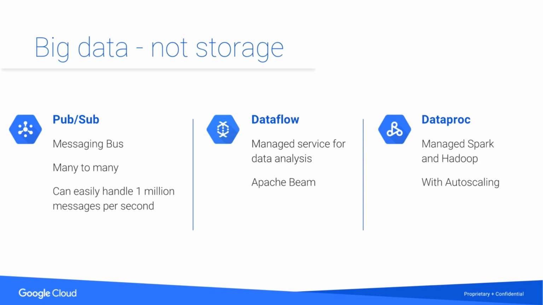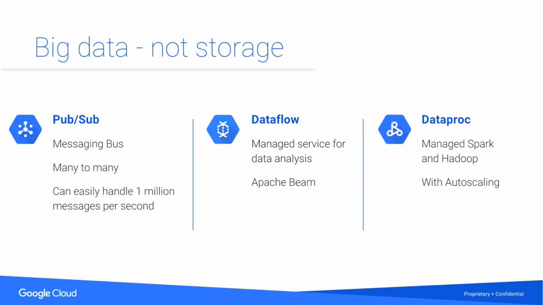Dataflow itself will actually manage those servers behind the scenes, manage the allocation of work, and parallelize that work across those machines. And this is based on Apache Beam. So if you're already using Apache Beam today on-premise, you can actually take that model and implement it right away inside of Dataflow.